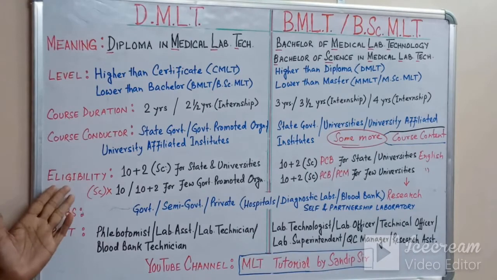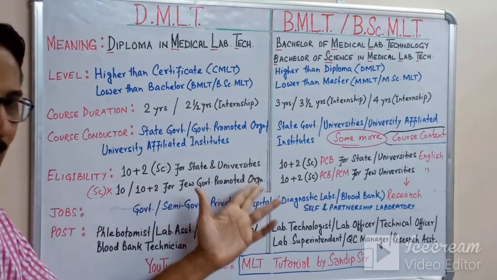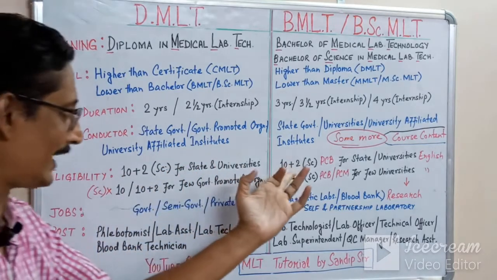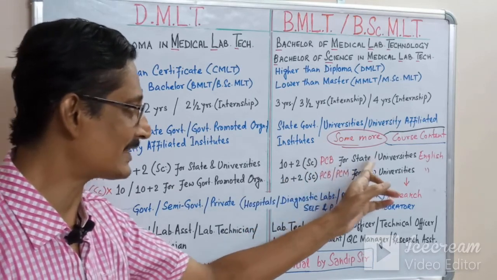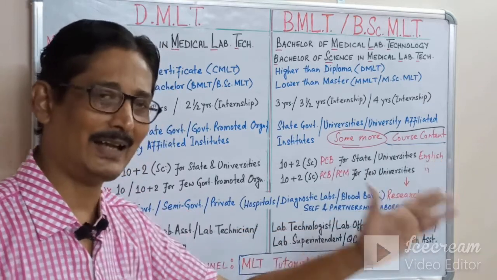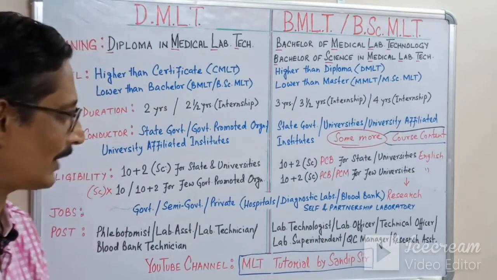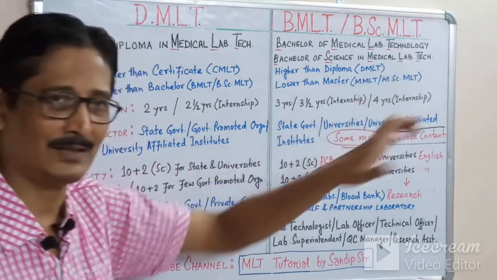Now the eligibility is 10 plus 2 science for state and universities, that is 10 plus 2 with physics, chemistry, biology. Some states or universities ask for English too, because without English you cannot study a technology-based subject.